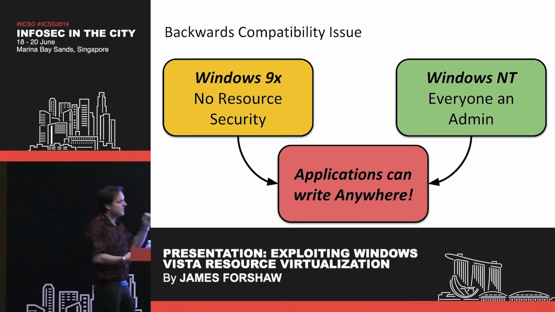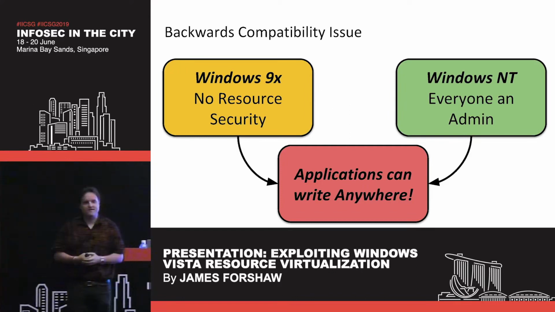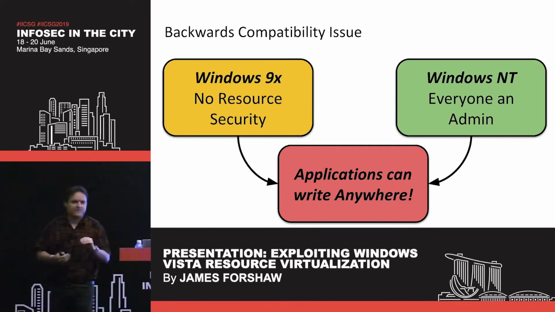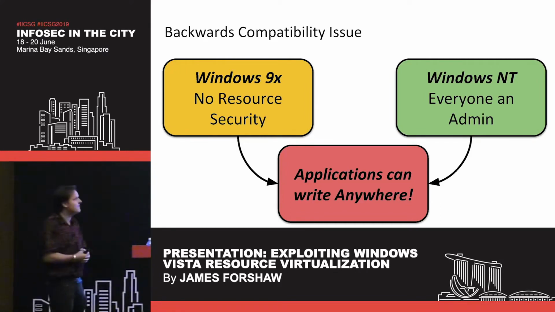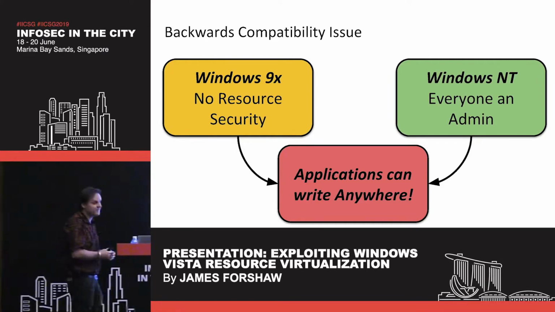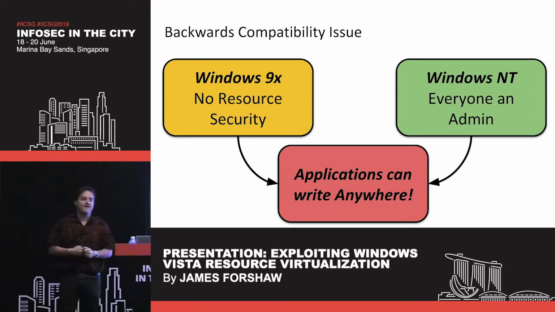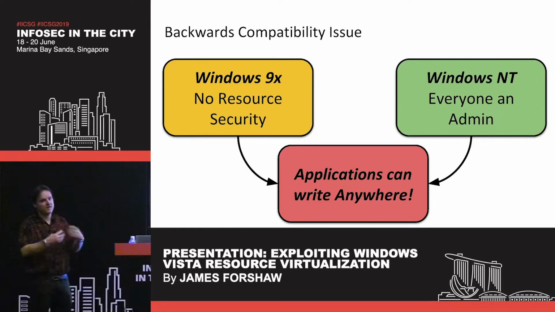That's slightly different though in the more enterprise branch, Windows NT. This was built from the ground up to have security. Some may scoff at that term, but Windows NT was a secure operating system in the sense that you could have multiple users. There was fine-grained access control between users.